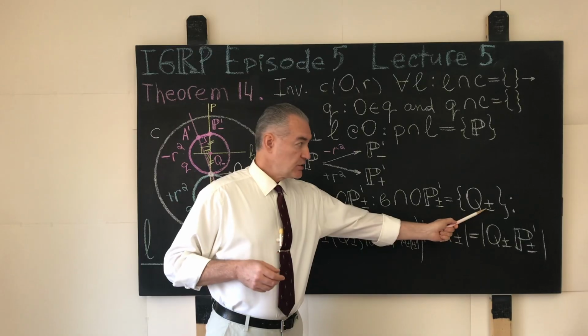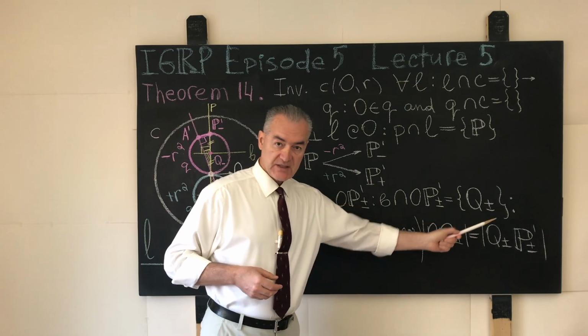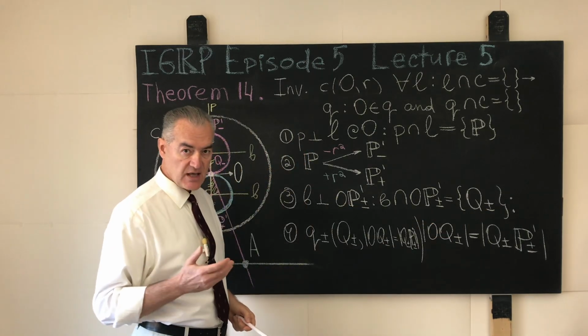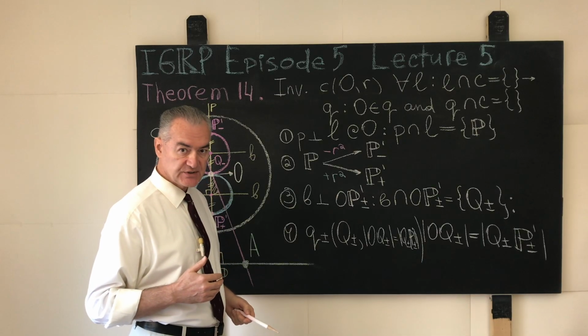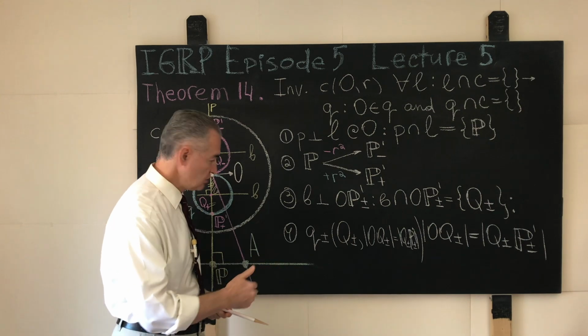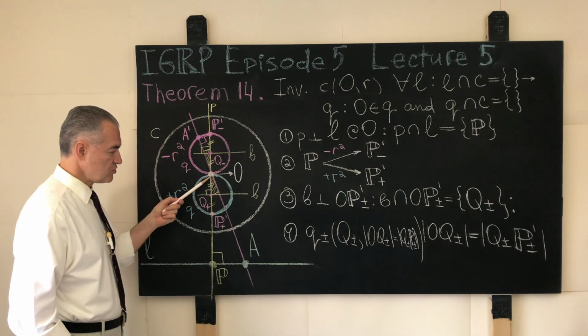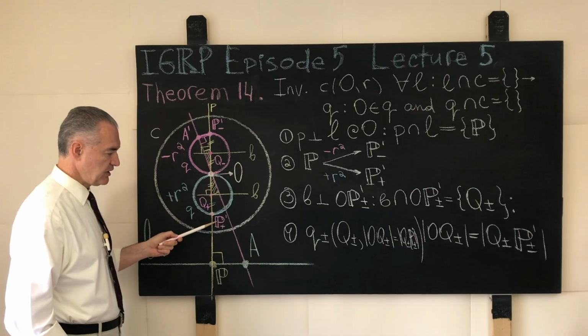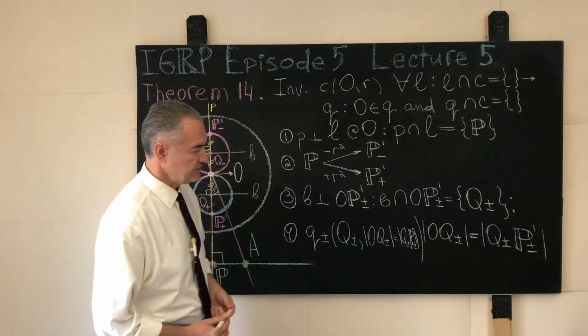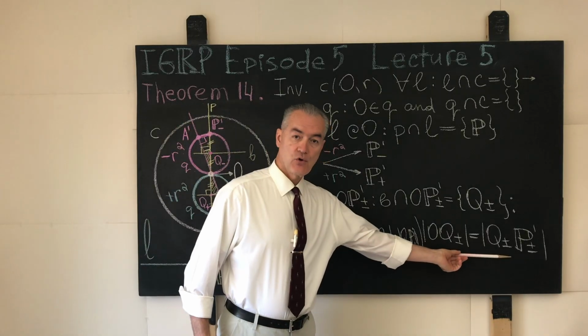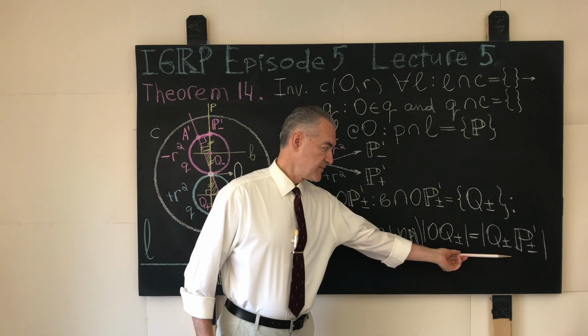at the unique point Q plus or Q minus, such that that point Q plus or minus will be equidistant from the center of inversion and the corresponding image P prime plus or P prime minus. And this is the fact that I captured on the lower right hand side of your screen symbolically.